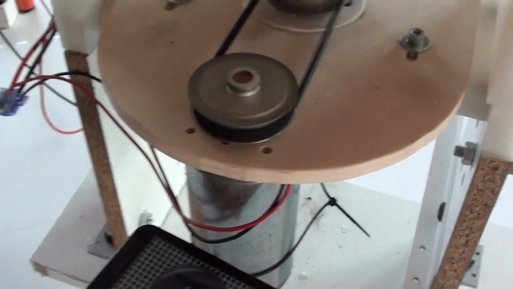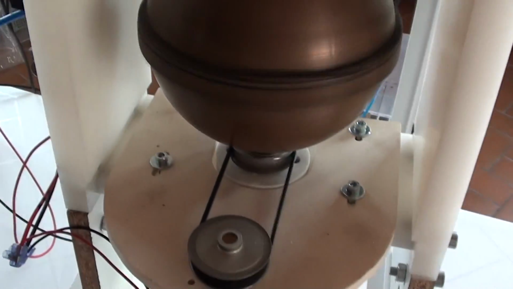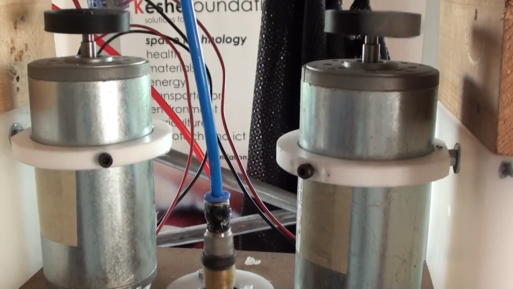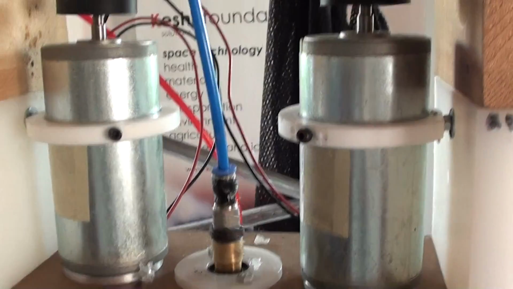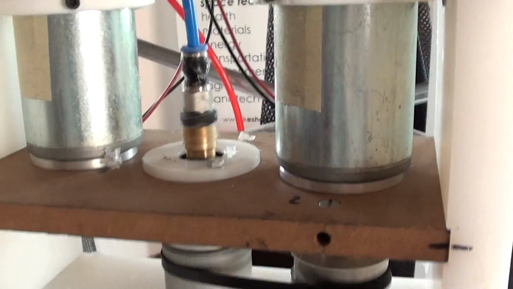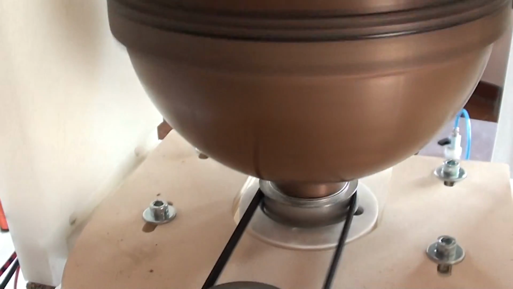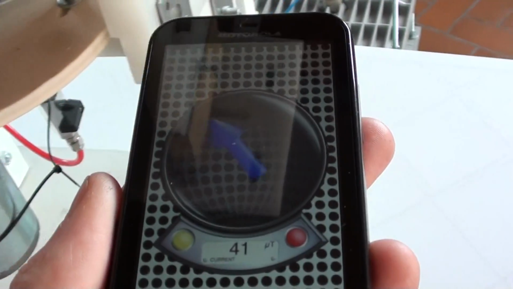This is the only motor, this bottom one, running the system now. These motors are not under the power. They don't consume electricity. So let's move around.